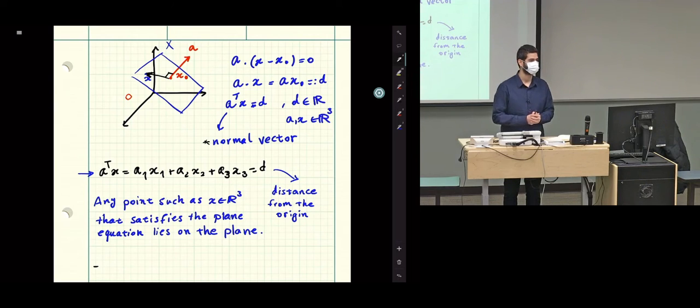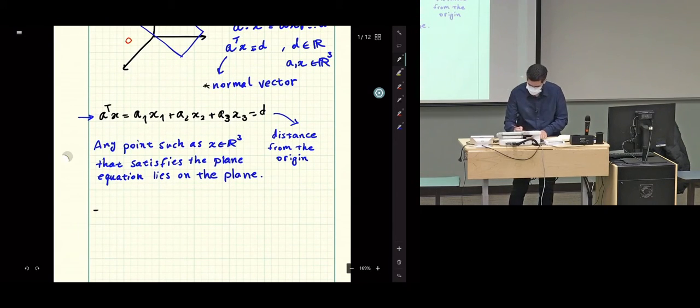question in math books or practice questions. Given a vector and a point, form a plane. So you immediately use, let's do an example.